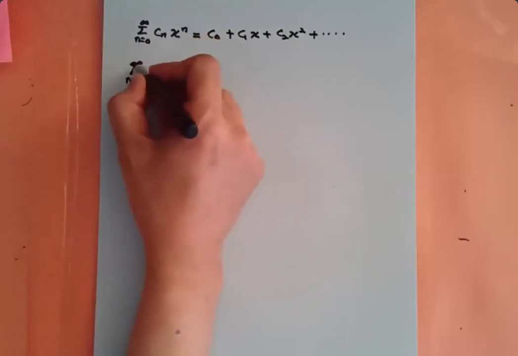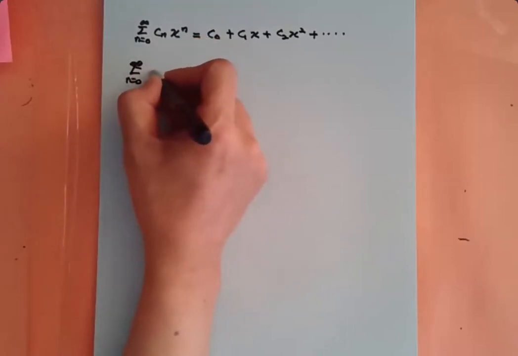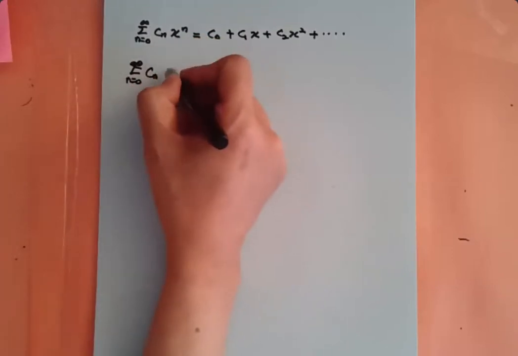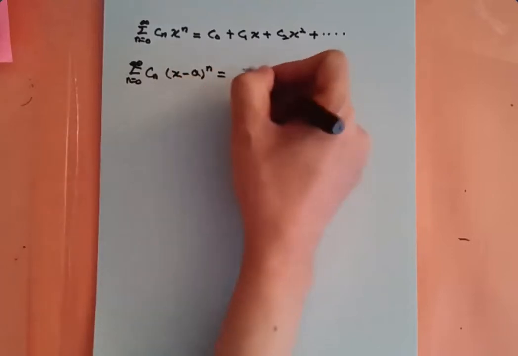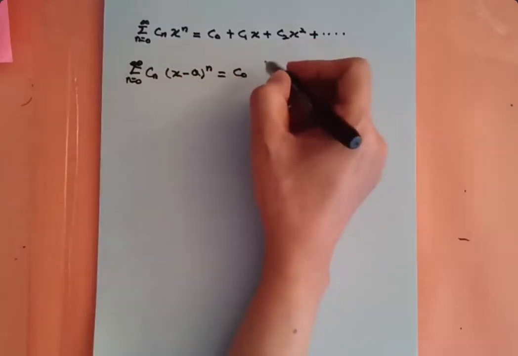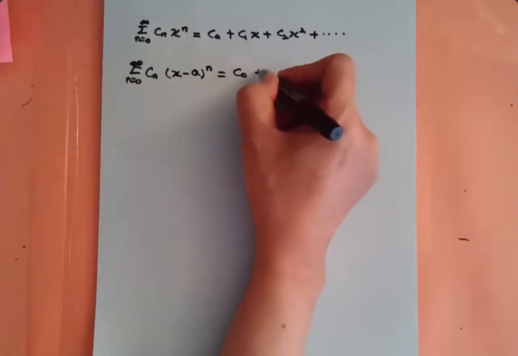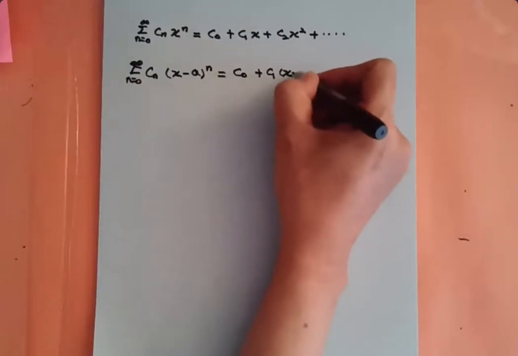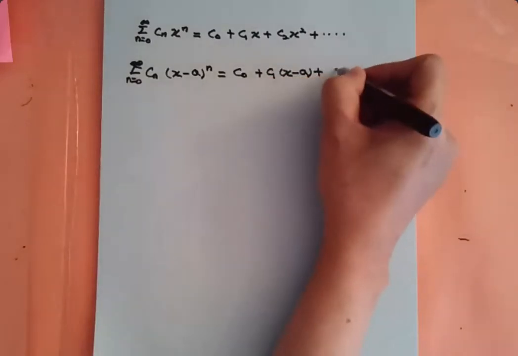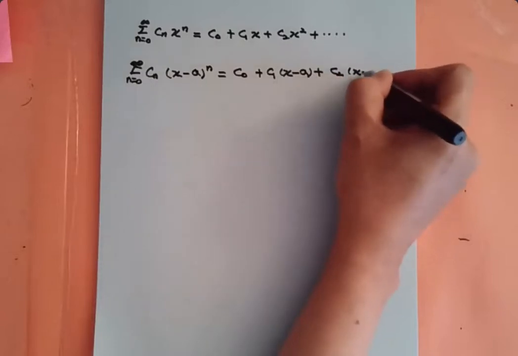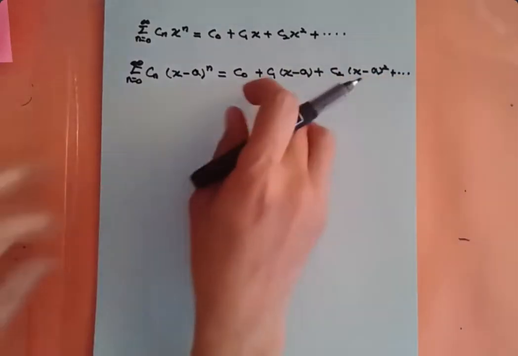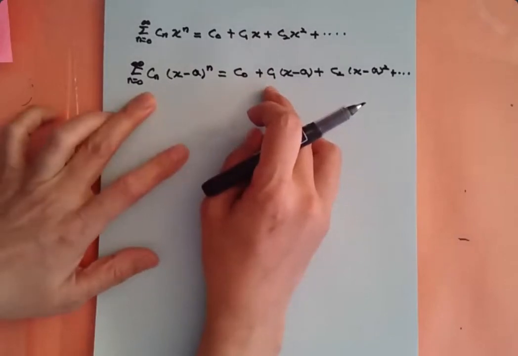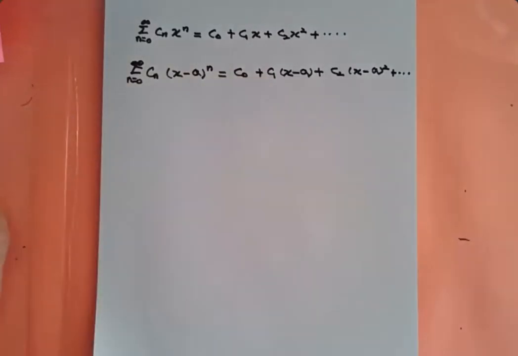The other one is the summation of Cn times (x minus a) to the n power, so it can be expanded like C0 plus C1 (x minus a) plus C2 (x minus a) squared and so on. This is called the power series about a, or centered at a.